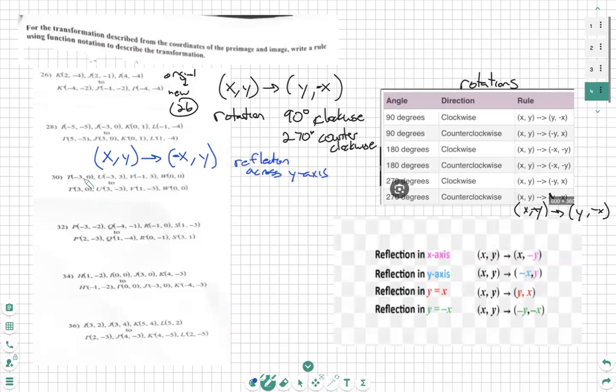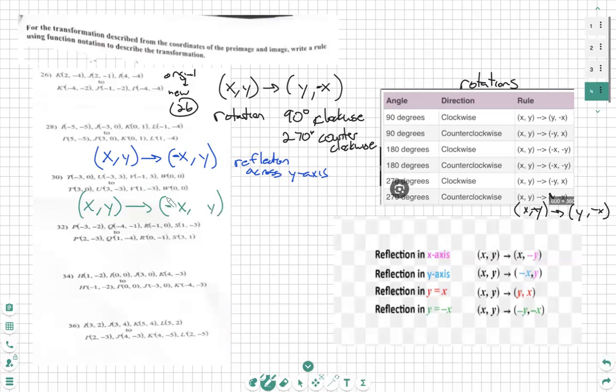Next, let's continue. I see 3, 0. I don't want to use a 0. I see 3, 3. I don't want to use the same number. And I see -1, 3. Those are two different numbers, so we're going to use those two. Let's use a different color first. So I set my rule, X, Y, and what does it turn into? X and Y do not flip, so we can keep them there, and we have to test the negatives now. Let's make this a little neater. Test the negatives.